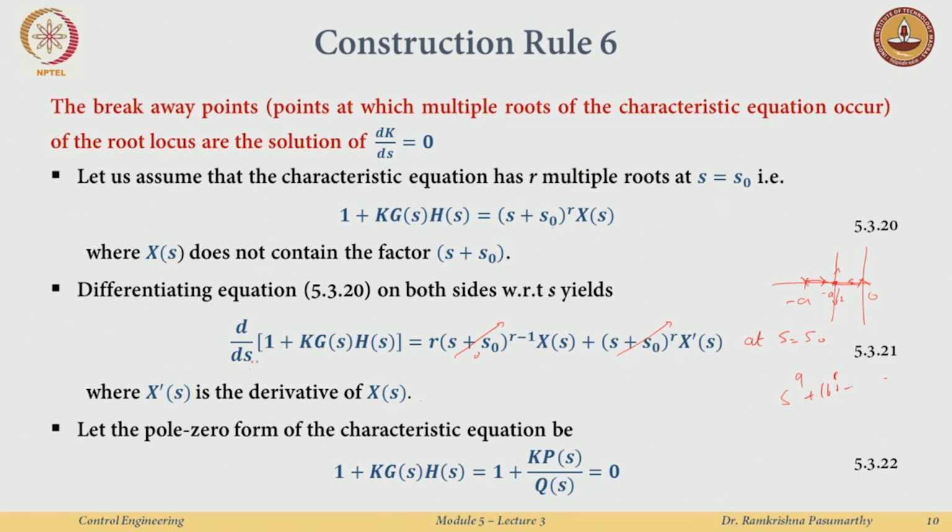So in this expression, d over ds of k g(s) h(s) at s equal to s naught is 0, where s naught comes with multiplicity r.